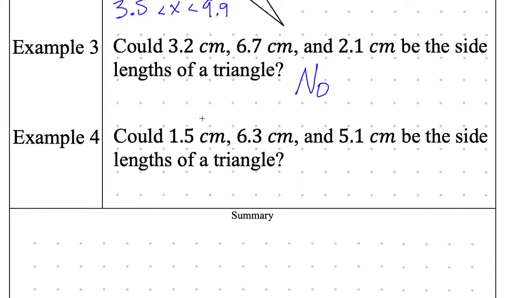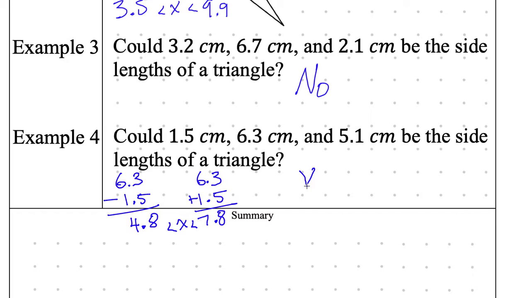I subtracted 6.3 minus 1.5 and got 4.8. Then I added 6.3 and 1.5 and got 7.8. Then I checked if the leftover number, 5.1, is between 4.8 and 7.8, and it is. So yes. There it is. Thank you.